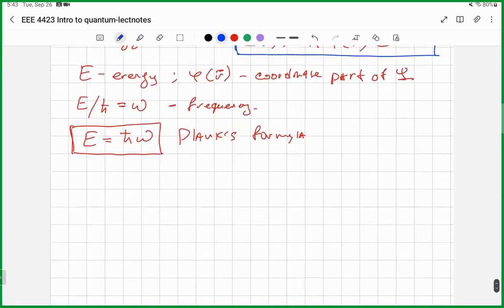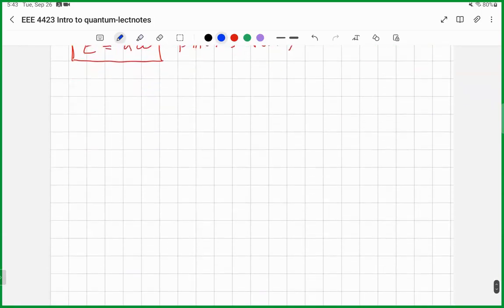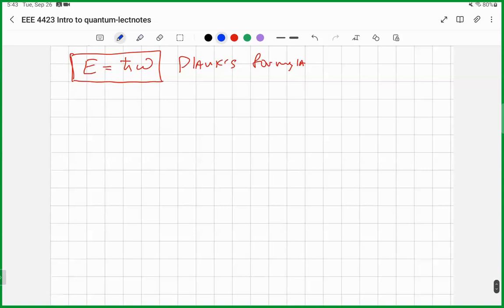Okay, but what is the probability? Suppose we solve the Schrodinger equation and find this phi and kappa, and what is the probability? Because the probability is the only thing we can measure in an experiment, right? So the probability is given by the absolute value of psi squared, right?